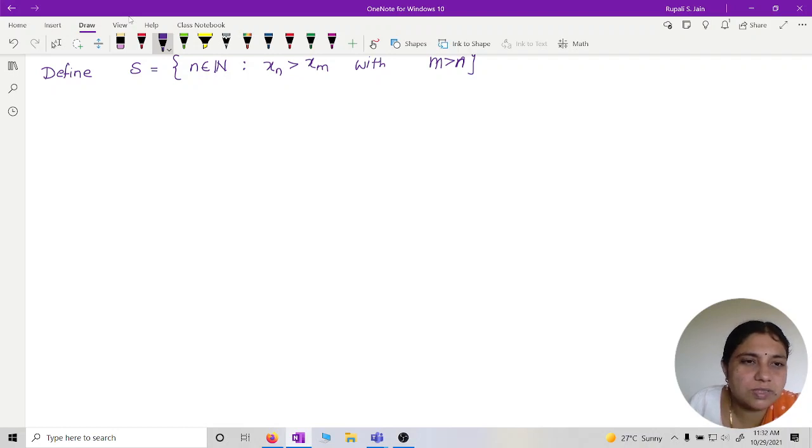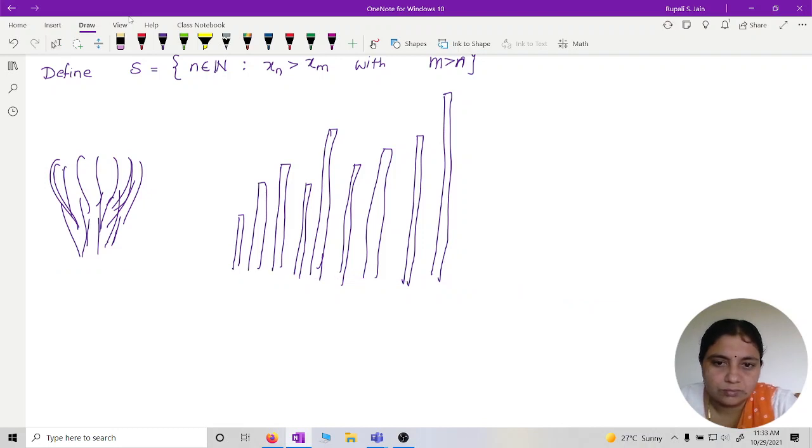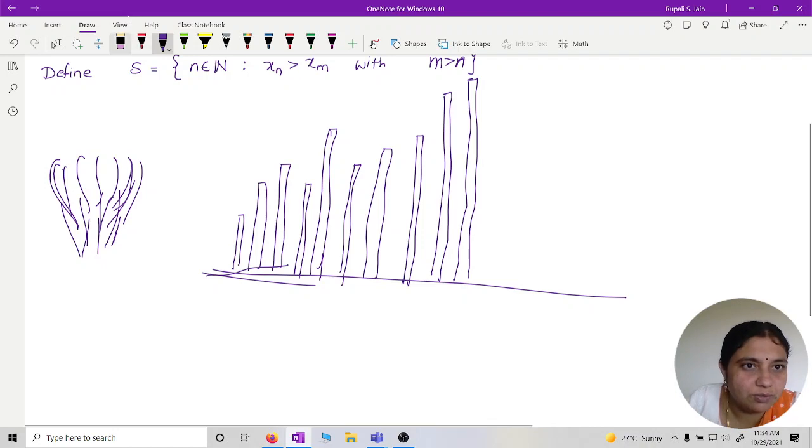So the motivation of defining such a set is, assume there is a volcano and we want to see it, but we have to make sure of safety also. We can't go closer to it.